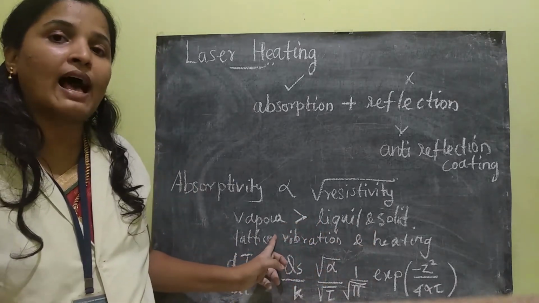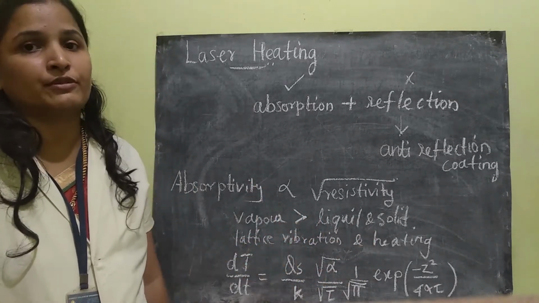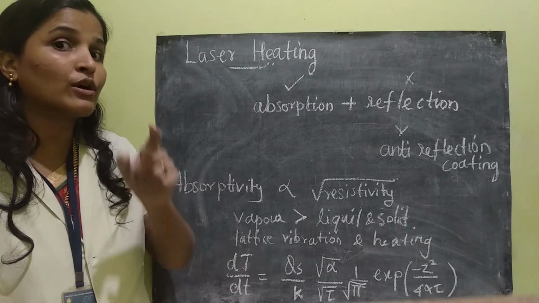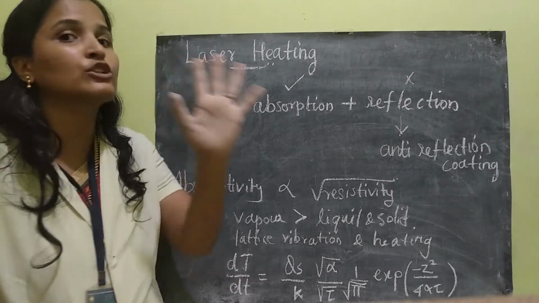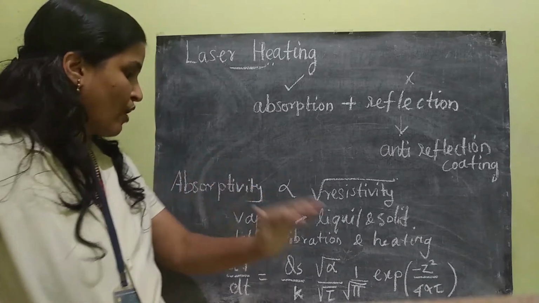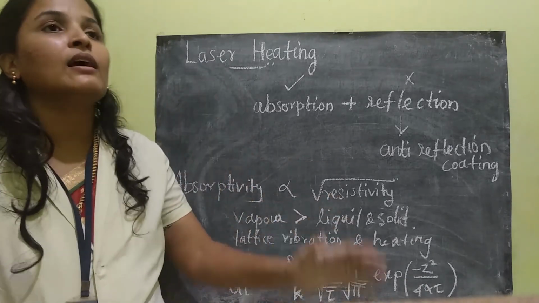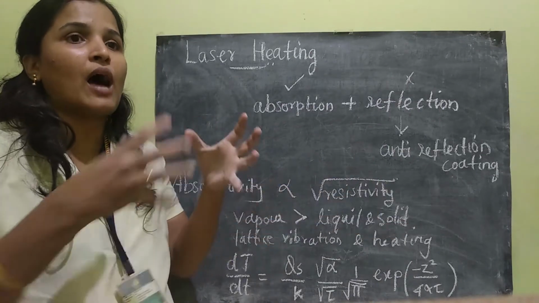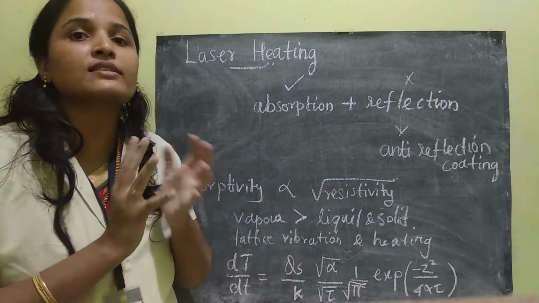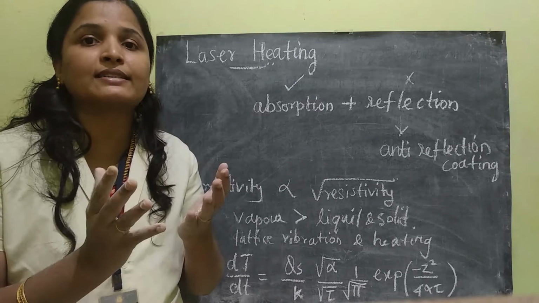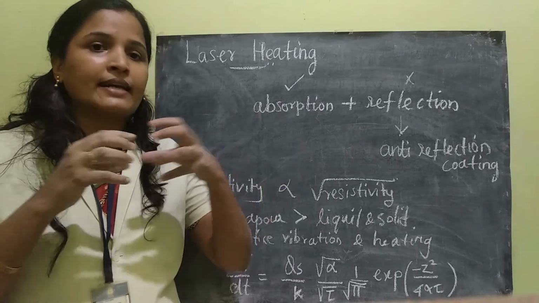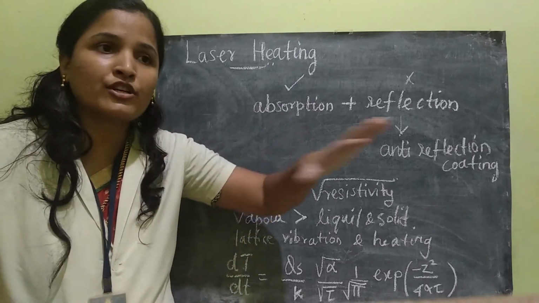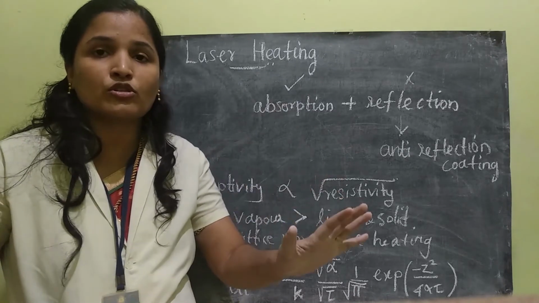Vapor has high absorptivity, so in vapor the heating can be achieved very easily. When the reflection is reduced, the absorbed energy causes lattice vibration. Lattice means the material atoms are arranged in a certain structure, and that is called the lattice.